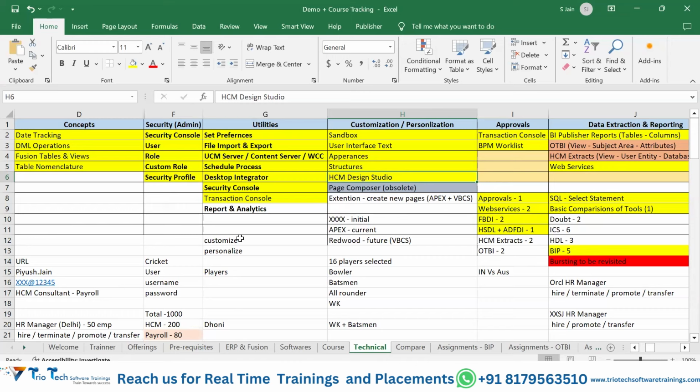If we talk about the concept of personalization and customization, there are three major terminologies. One is personalization, the second one is customization, and the third one is extension. Understanding personalization, customization, and extension works like this: suppose I have given you this particular file.